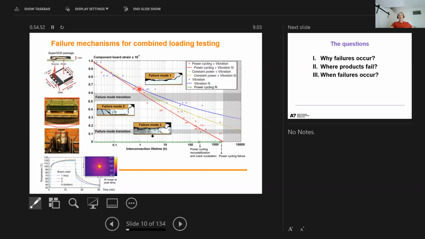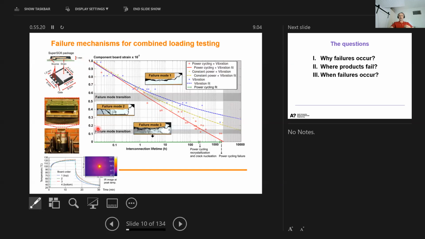So adding constant or cyclic power does not basically change the reliability at all. But when we are decreasing the vibration loading, then the power losses and power cycling increase their effect.